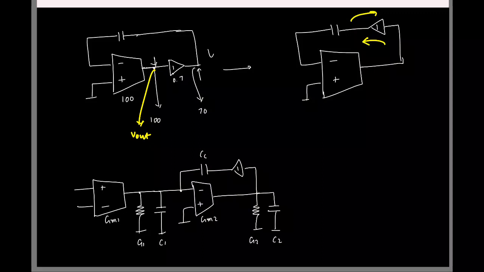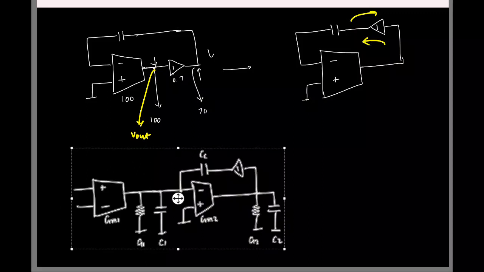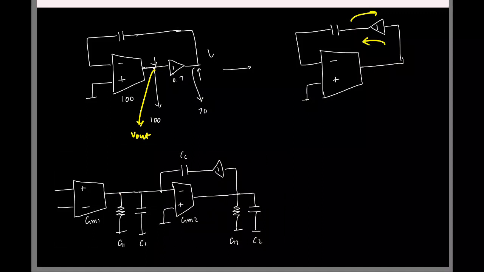Now let's quickly see how many poles and zeros we'll have. I can set the capacitor voltage C1 independently, and C2 can be set independently. But if I set this voltage, the output of the buffer is also set, and this voltage is also set. So the third capacitor voltage cannot be set.